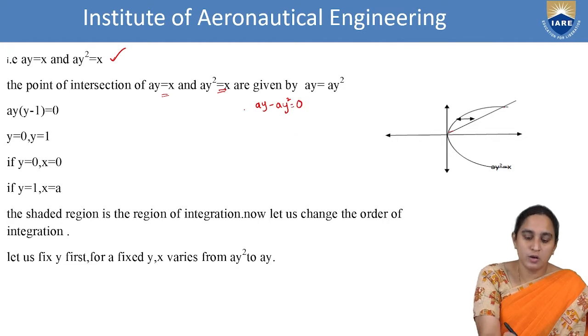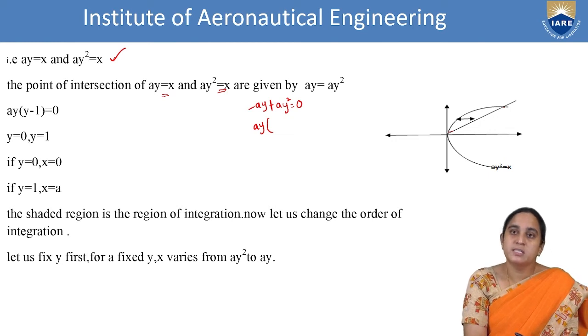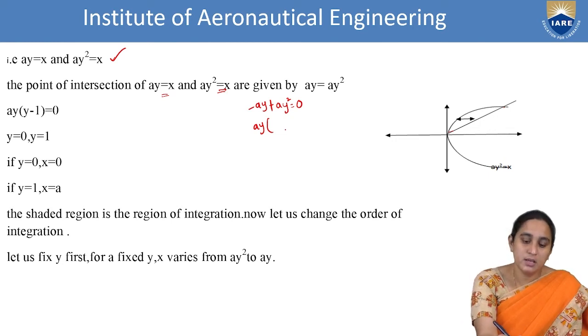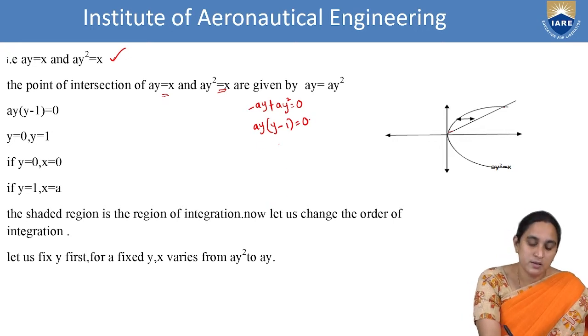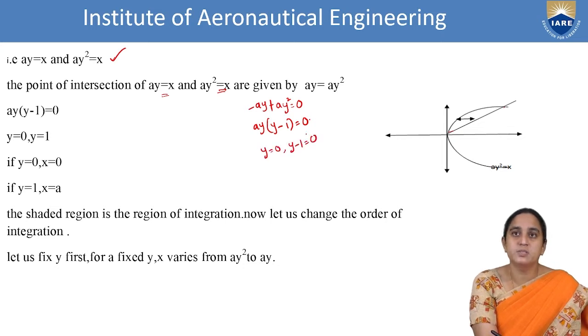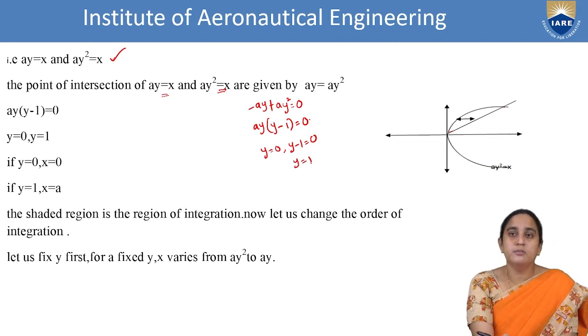From that, I am taking ay common, that means ay(1 - y) = 0, that is, ay(y - 1) = 0. Equating with 0, y = 0 and y - 1 = 0. Therefore, the y limits are y = 0 and y = 1.